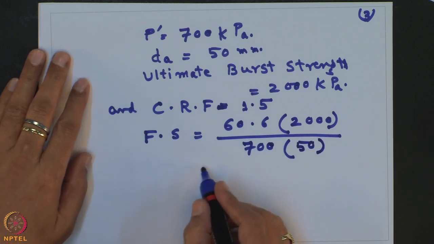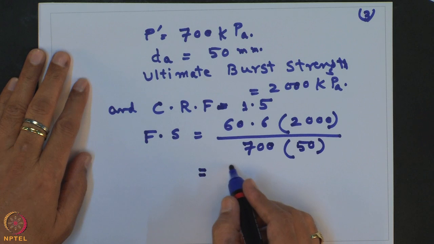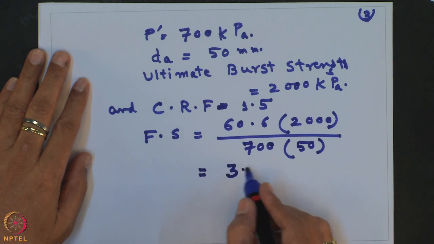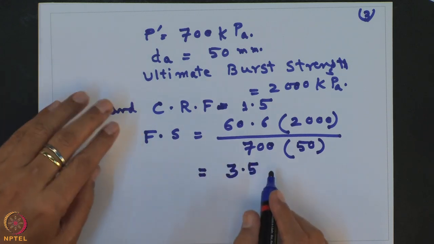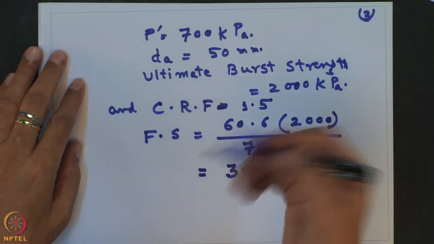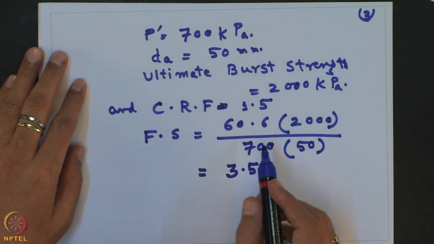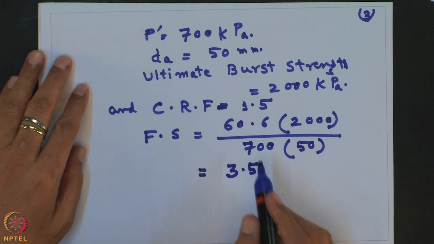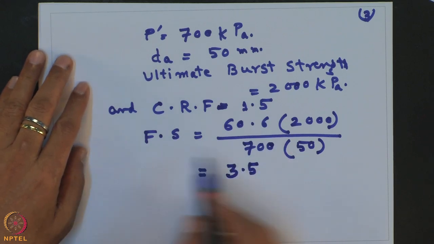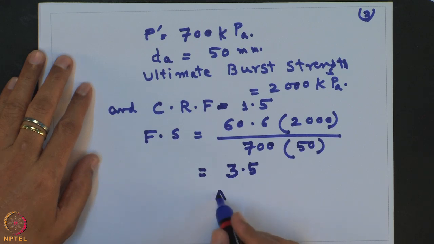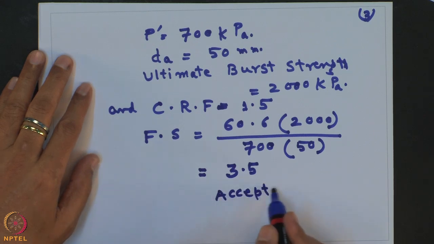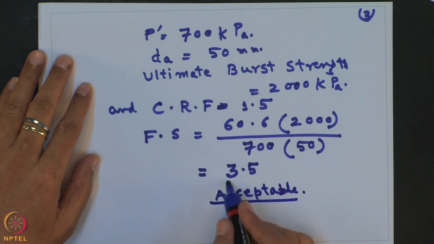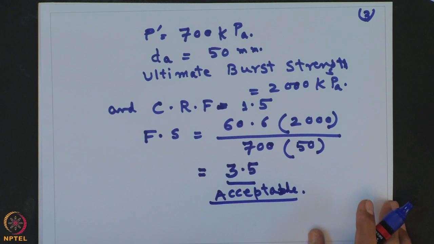So, if you calculate, you can find this factor of safety will be 3.5. So, the reduction factor 1.5 is already included. So, resulting factor of safety is acceptable. Okay. So, this factor of safety is acceptable.